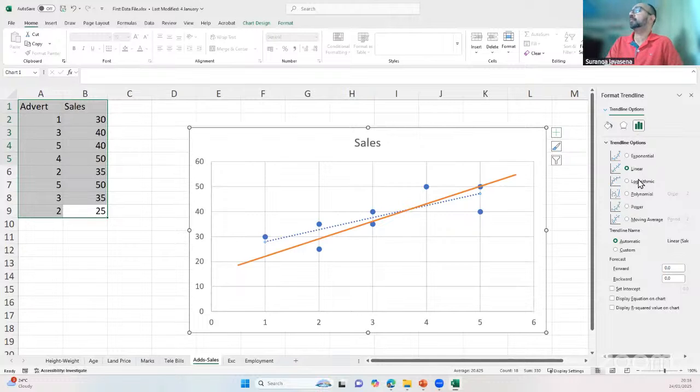Linear is a straight line. Usually by default, it opens for linear. So this is the best fit line calculated by Excel using the least squares method.